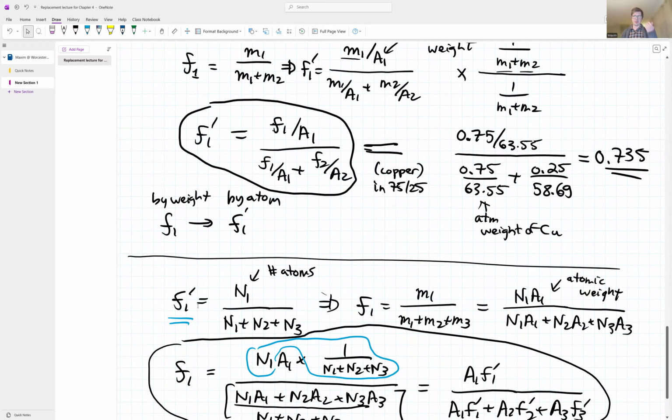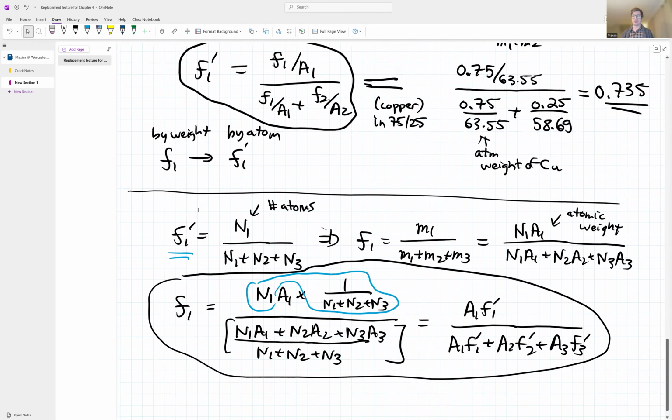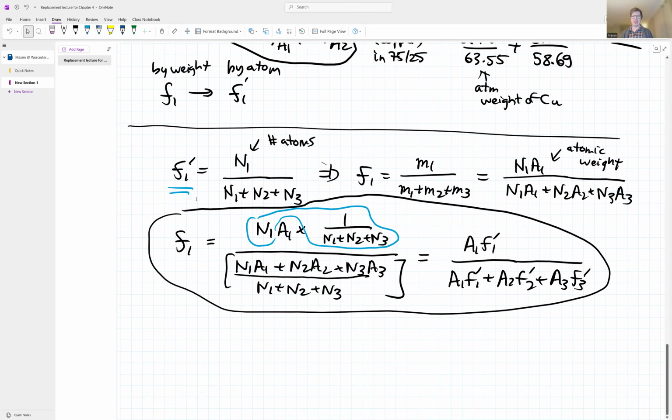You should just be able to reproduce these conversion formulas yourself. I don't think it's that bad to do, but you could also just write them down or something.